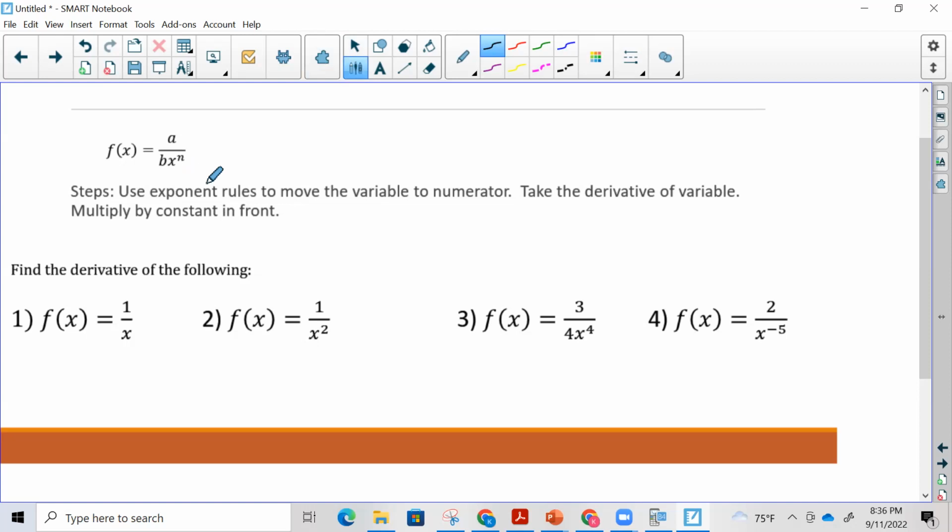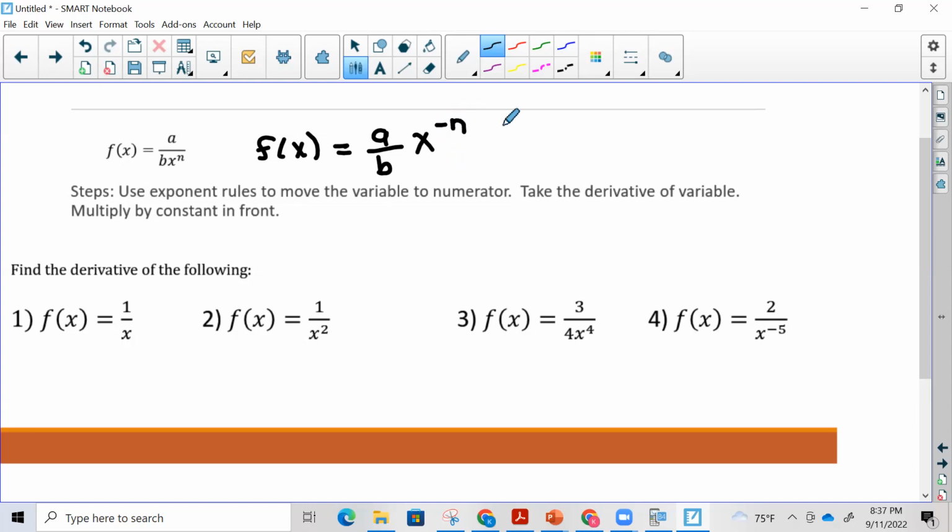So what we do for this problem is we are going to move the variable to the numerator. And we're going to use our exponent rules from pre-calculus. So I'm going to leave the a over b, that's my coefficient, and I move the x up to the numerator by making it a negative exponent.